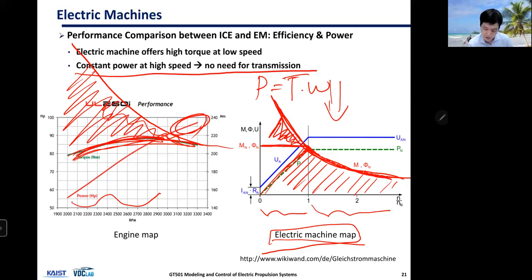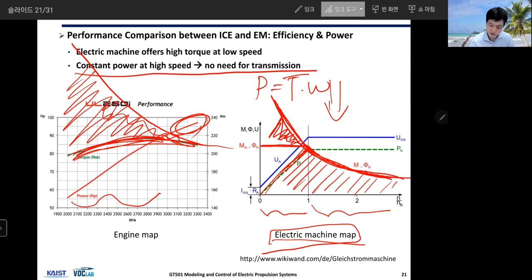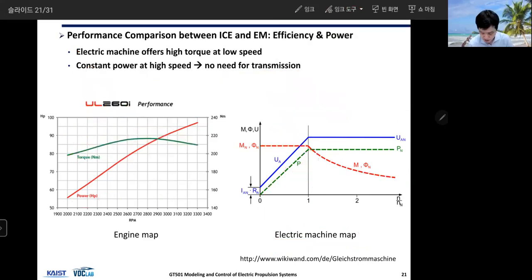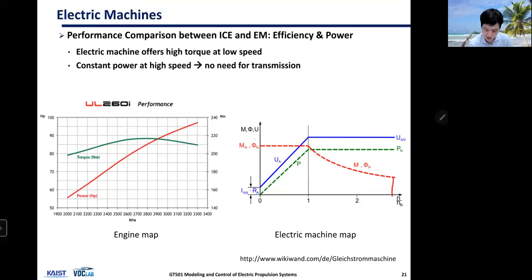So that's why you do not really need transmission, because if, let's say, we add transmission for electric machine, what's going to happen is that you're going to shift maximum speed and max torque, but not power. Okay, because again, power equals torque times speed. So if you use multi-speed transmission and use different gear ratio, you might be able to increase torque, but you cannot increase power, right?